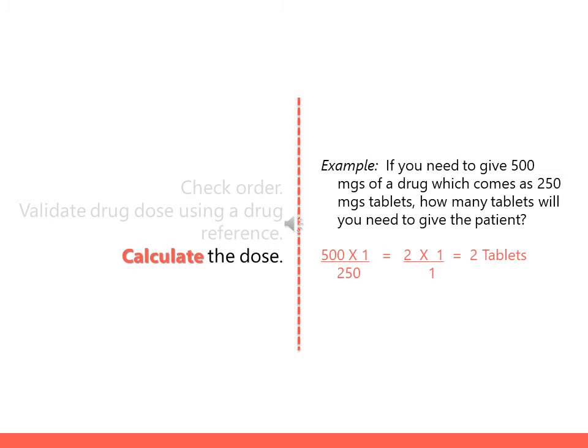So if the order is 500 milligrams and the available medication that you have is 250 milligrams, how many tablets do you give to your patient? The formula: 500 divided by 250 multiplied by 1, and it will give you 2 tablets. So you need to give the patient 2 tablets.